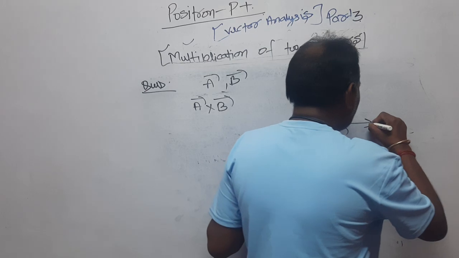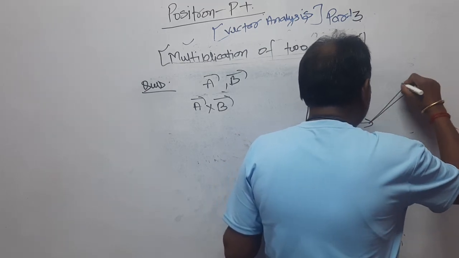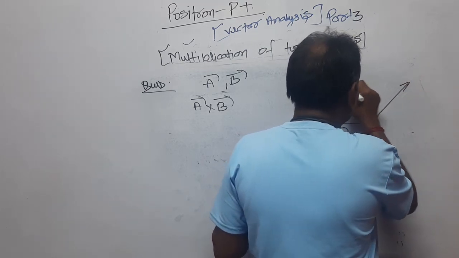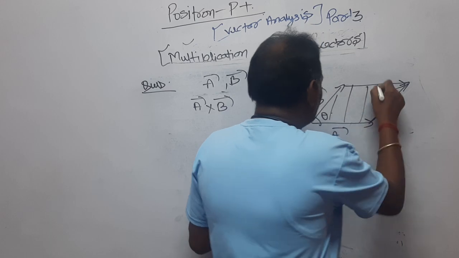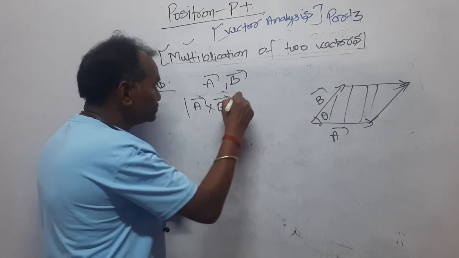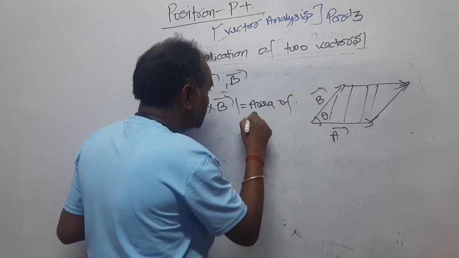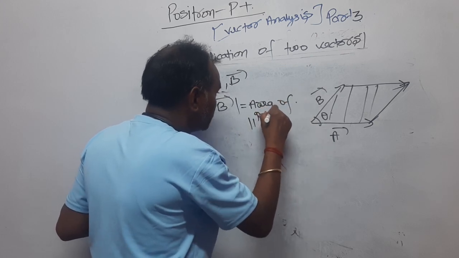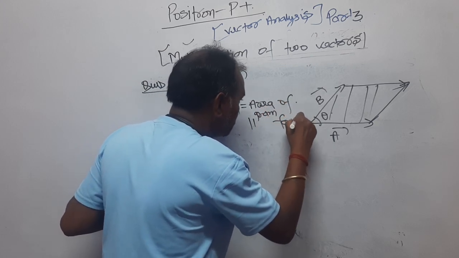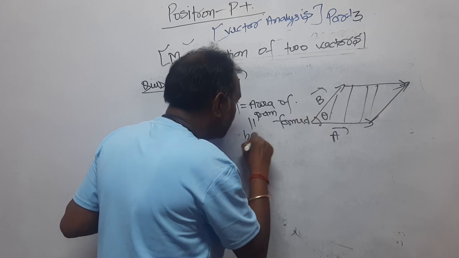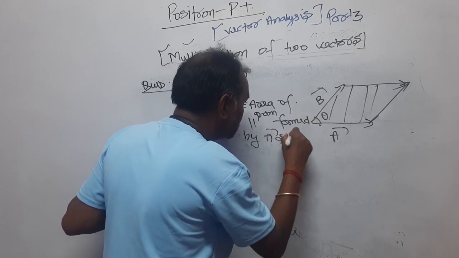Actually, mod of A cross B is equal to the area of the parallelogram formed by vector A and vector B.